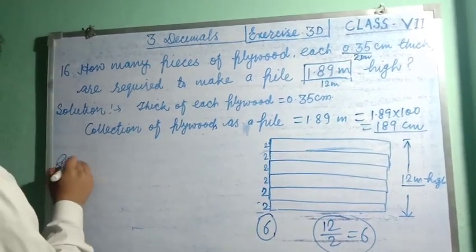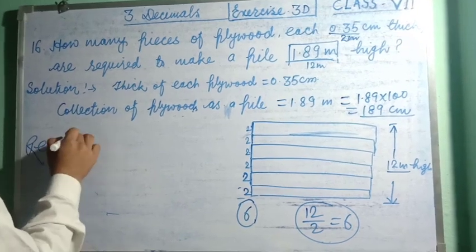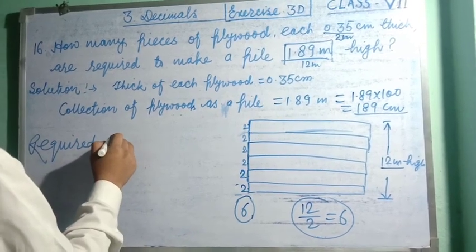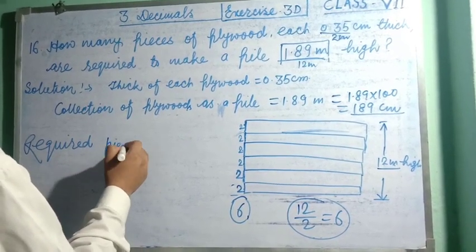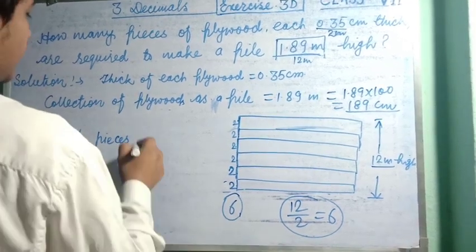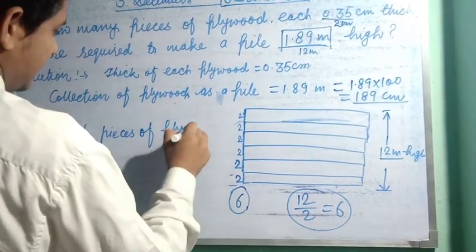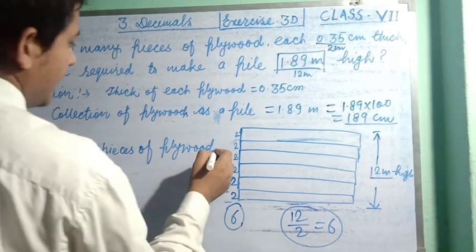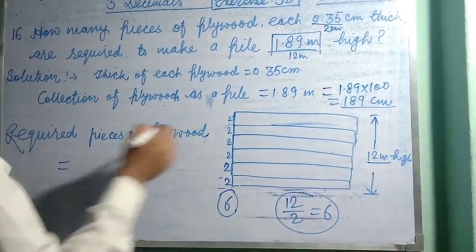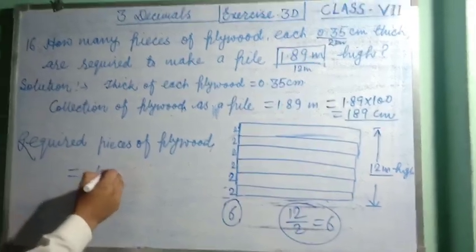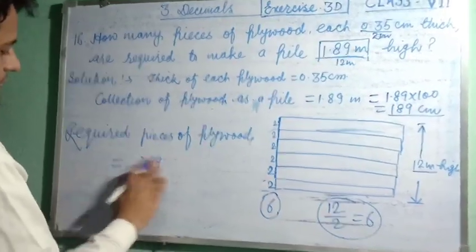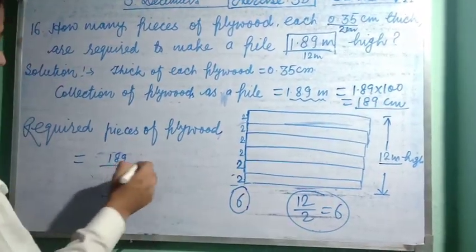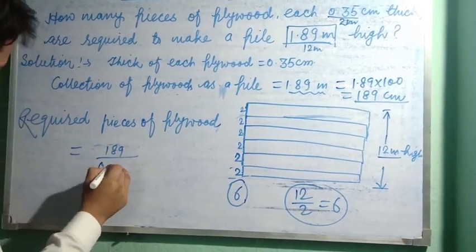Now the required number of pieces of plywood is equal to 189 centimeter divided by 0.35.